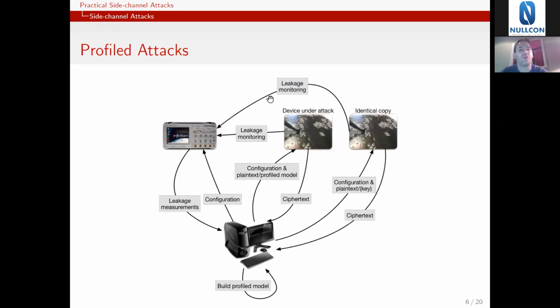After the model is built, he will use that model to attack the device under attack. Depending on the quality of the model, profiled attacks can be extremely powerful. Sometimes we need only a single trace to really obtain the key, to break the implementation.